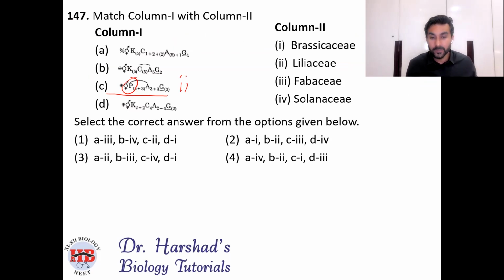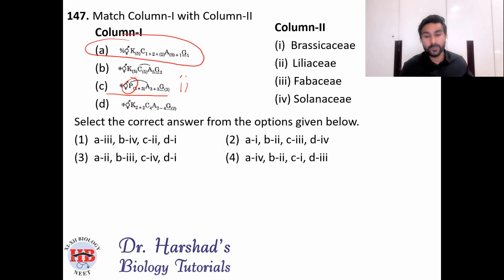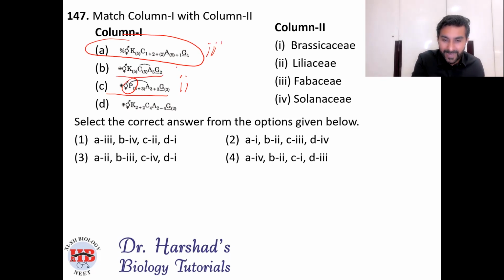Now, if you remember this type of feature, that is C1+2+2, this was a type of aestivation which was called vexillary aestivation. And vexillary aestivation is a feature we have in Fabaceae. So A would be 3. You have B, which is the floral formula of Solanaceae.